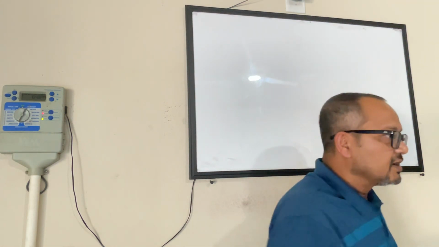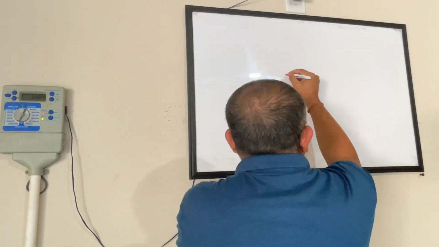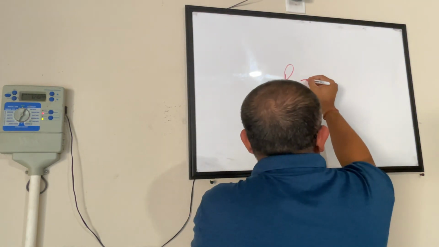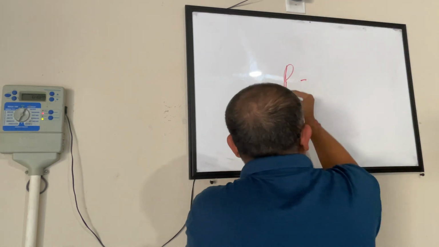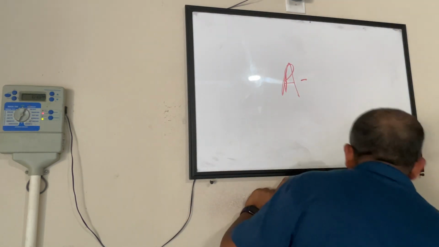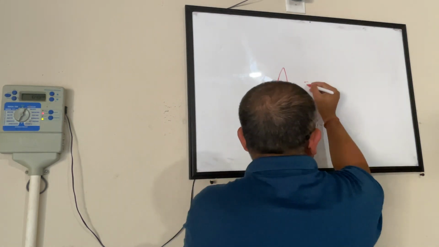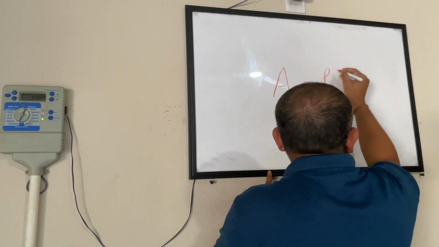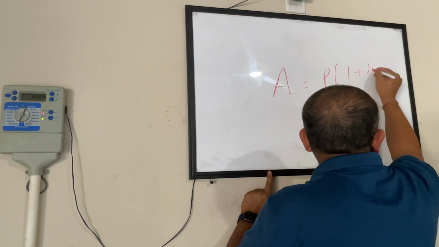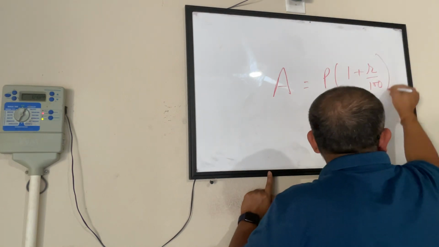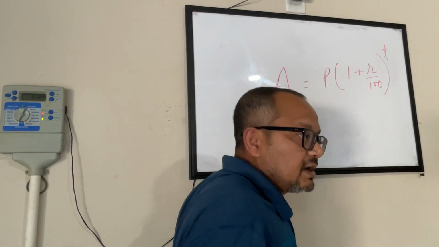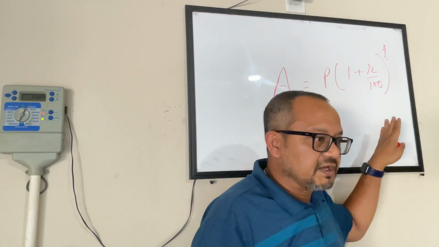I believe all of you would have solved problems related to compound interest, which says A, as in my accumulated net worth, is a function of P into 1 plus R by 100 to the power T. This is one equation that you would have seen enough.